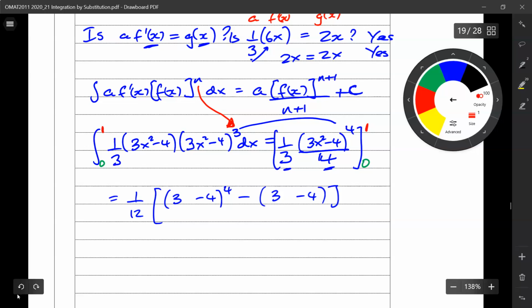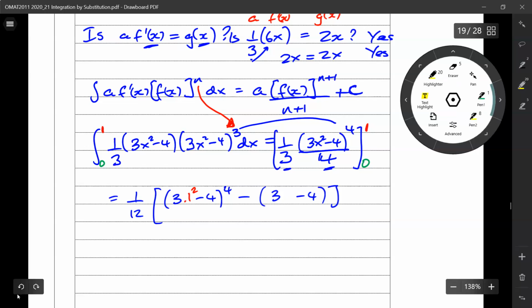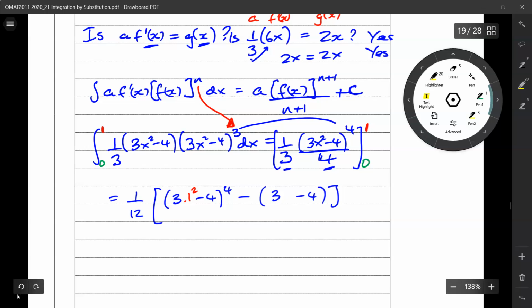So you can see what I'm doing here is I put the upper limit in here. So it's 3x squared minus 4, and here I put the lower limit in, and that is also to the power of 4. So I've taken the 3 times 4 is 12. I've taken the 1/12 outside over here, and then I don't need such a big bracket there. I can use that one. And then it's a case of just evaluating these.